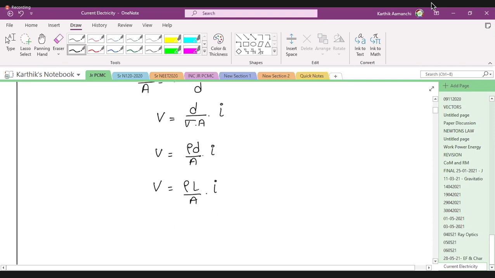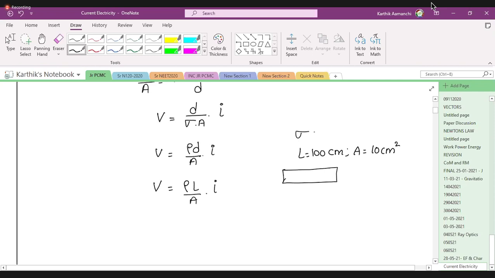For a given material, let me say copper, of length L equal to 100 centimeters and area 10 centimeters square. I told you the conductivity of a material depends on the material alone, isn't it?